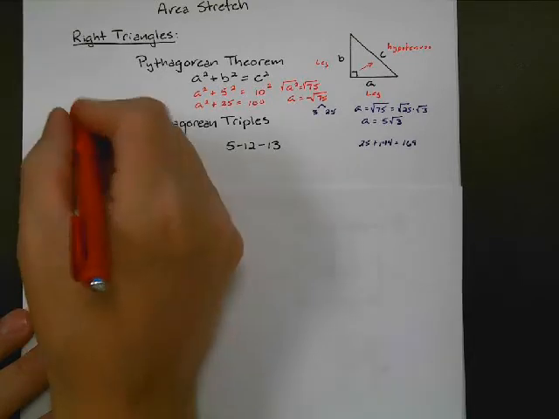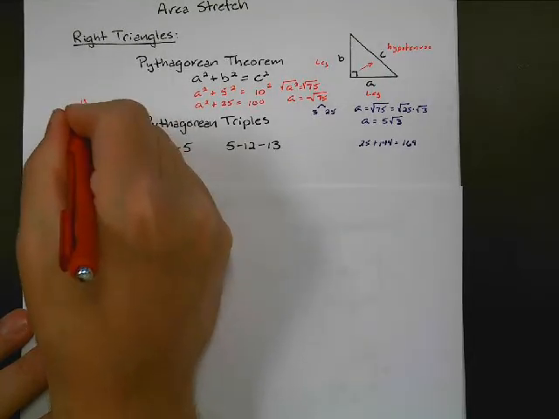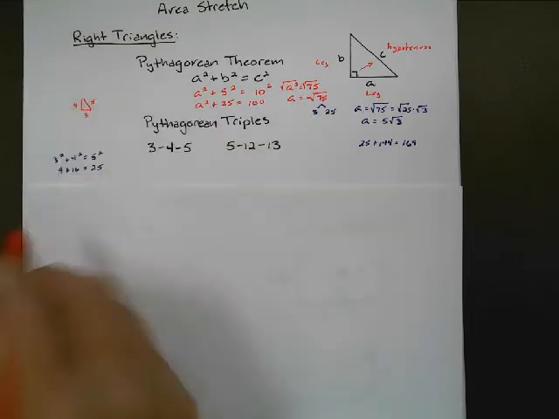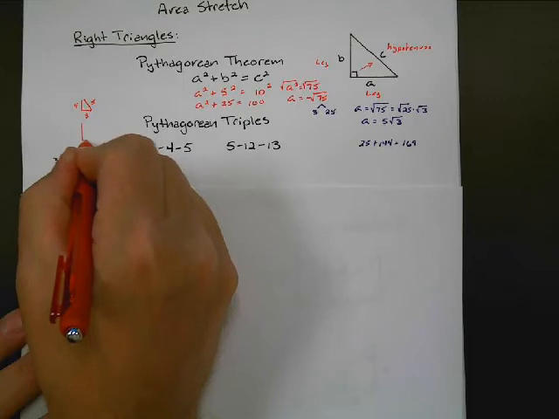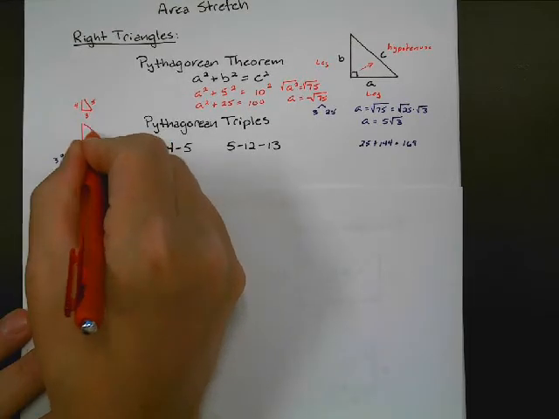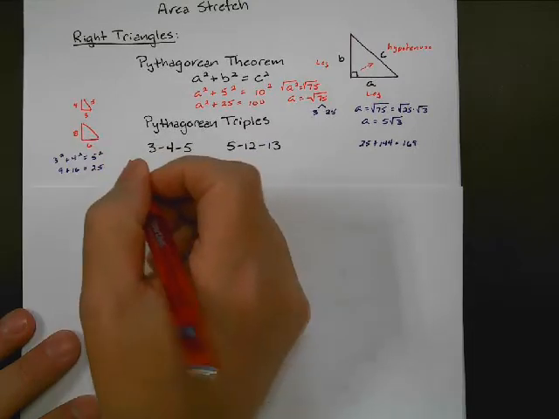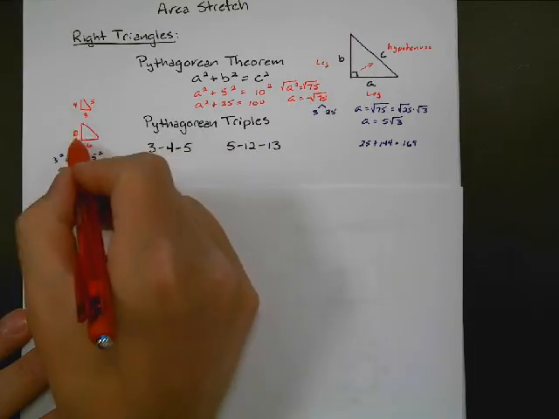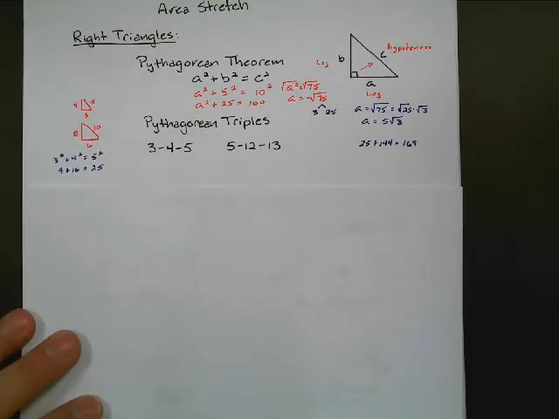So having a 3, 4, 5 triangle, if we blow that triangle up to an even bigger triangle where this side is 6 and this side is 8, see I'm multiplying by 2, then the hypotenuse would also multiply by 2.